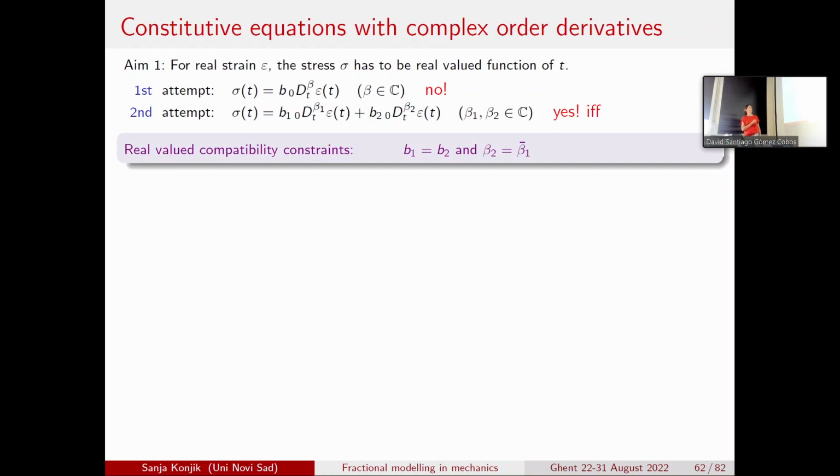So we can have a relation where sigma is proportional to this linear combination of fractional derivatives of strain of complex conjugated order.